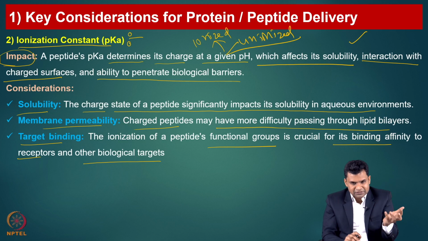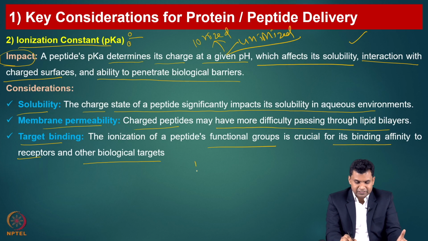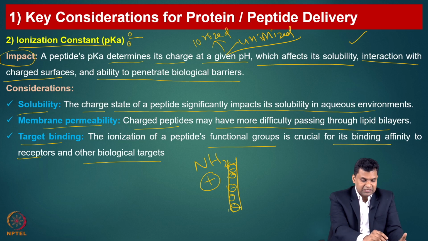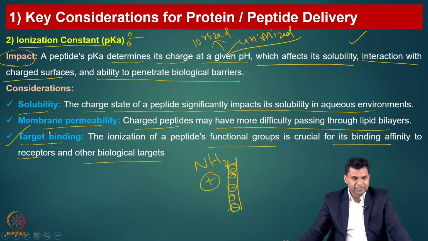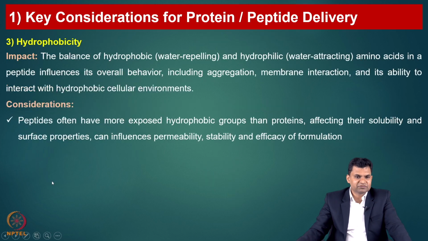For example, if you take an NH2 group, at low pH it will show a positive charge, and that will help it interact with the negative charge of the membranes. So, it is always an advantage for target binding. So, the ionization constant is very important for solubility as well as permeability and target binding.